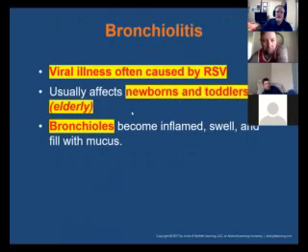Newborns and toddlers, also our elderly population. We've been thinking more about them lately as we talk about the coronavirus, and how that's predominantly, I think, probably one of the groups with the highest morbidity and mortality rate.